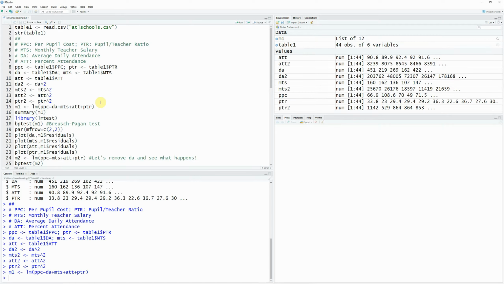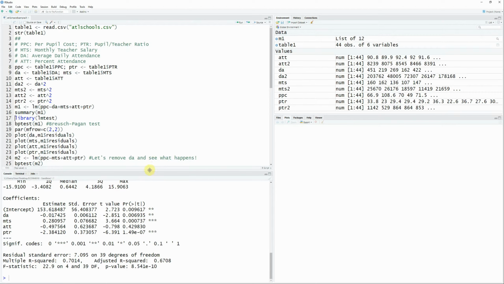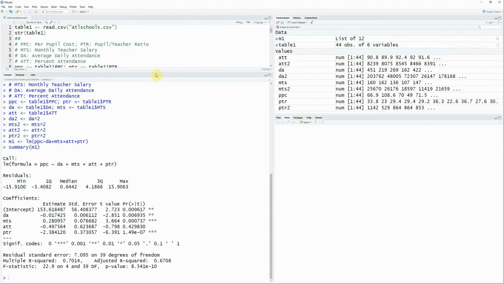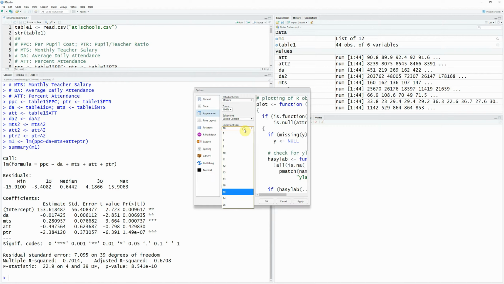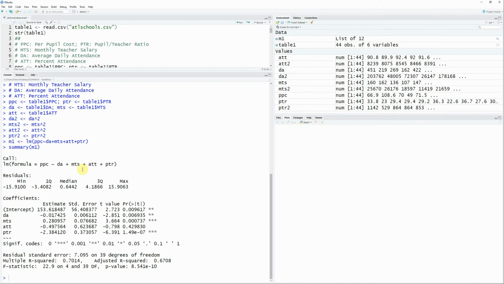So we run that, and then let's look at the summary of it. DA is significant and MTS is significant.